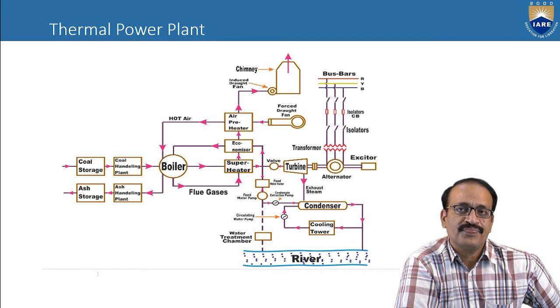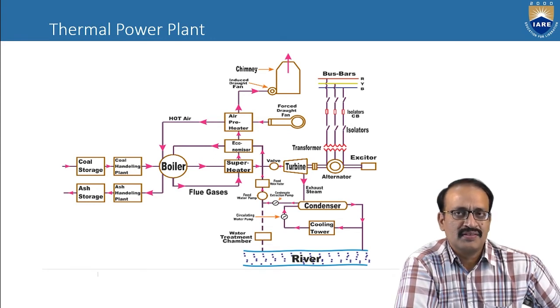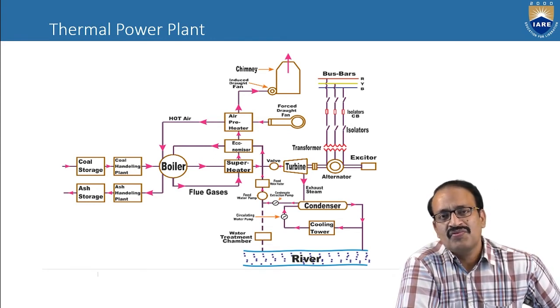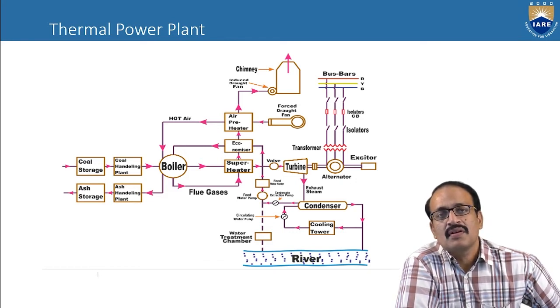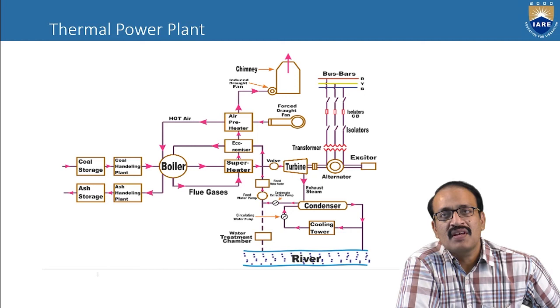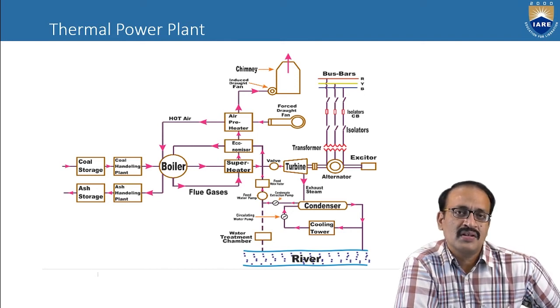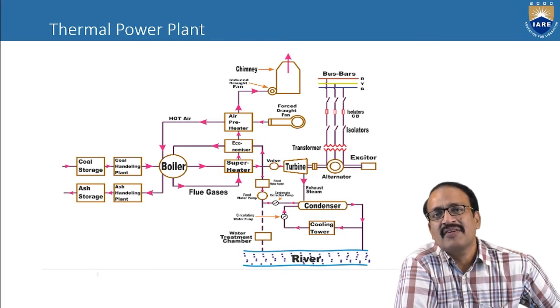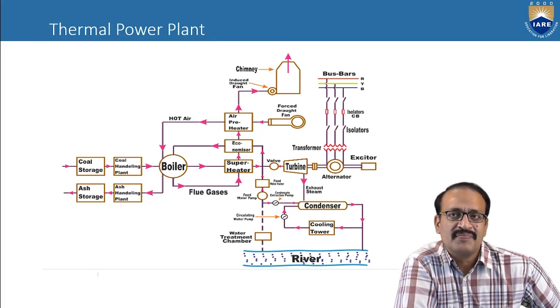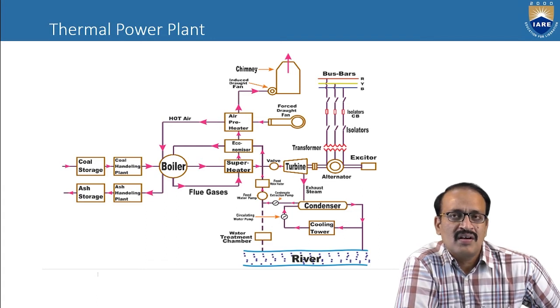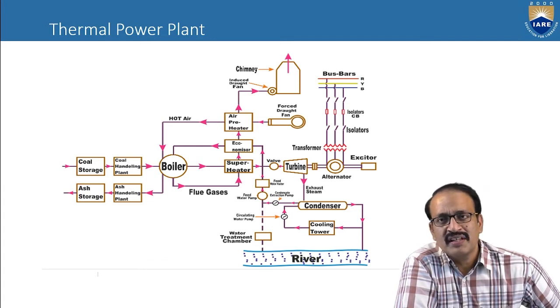The flue gases which come after burning the coal are again sent through the superheater to heat the steam, where some amount of heat is lost.